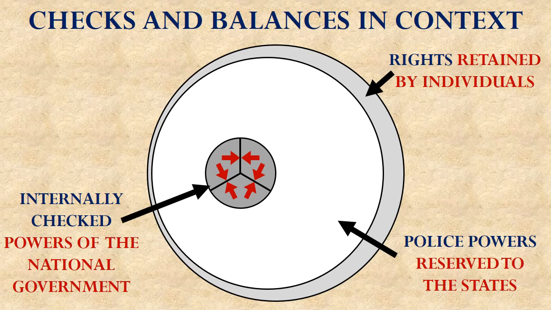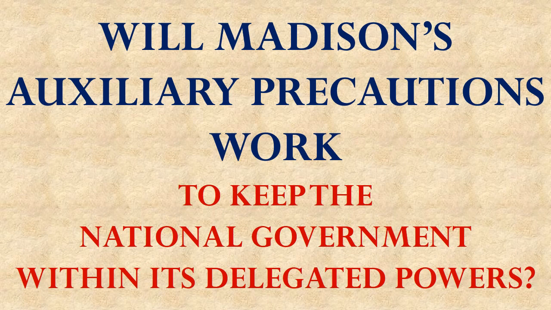His famous checks and balances. We divide the government up into 3 branches, give them each powers to fight with each other, and in that way they would keep each other in place. As one branch tries to expand its power, the other branches would push back against it, keeping it where it's supposed to be.